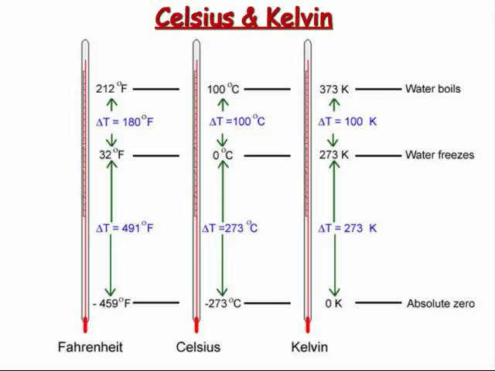You have 0 degrees Celsius for the melting or freezing point, and then you have 100 degrees Celsius for the boiling point. And so we see the difference between freezing and boiling on the Fahrenheit scale is 180 degrees, whereas the difference on the Celsius scale is 100 degrees Celsius.